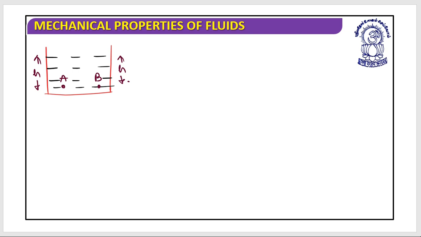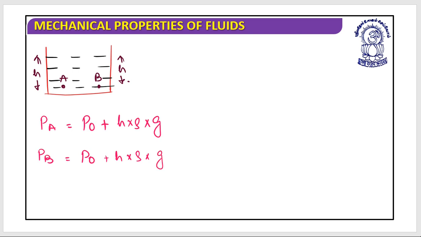If I want to write the pressure at A, it would be atmospheric pressure plus h multiplied by density of fluid multiplied by g. The pressure at B would be atmospheric pressure, which we call P naught, plus the height of the liquid column multiplied by rho into g.